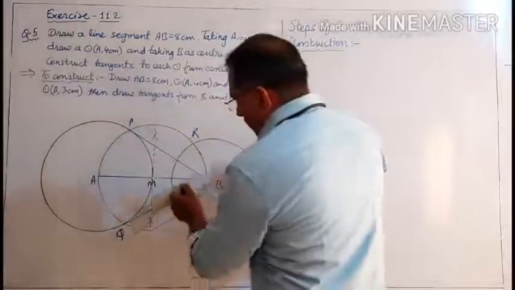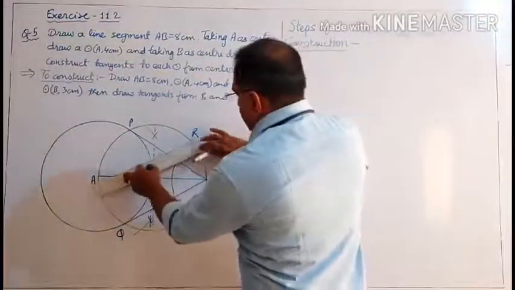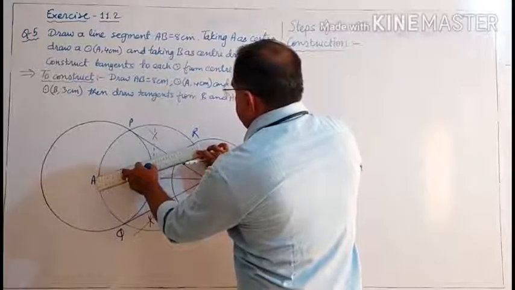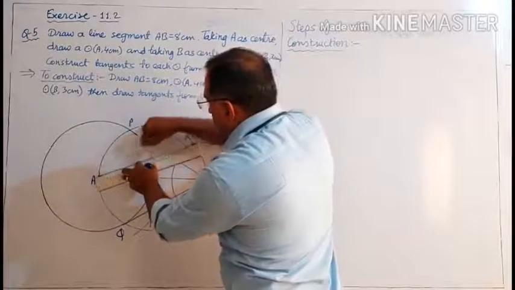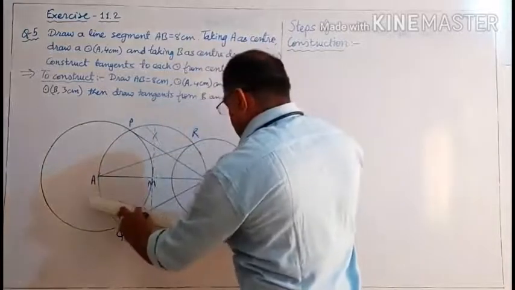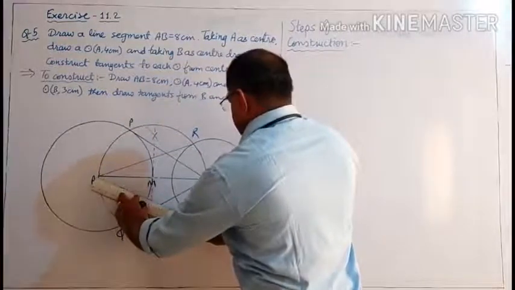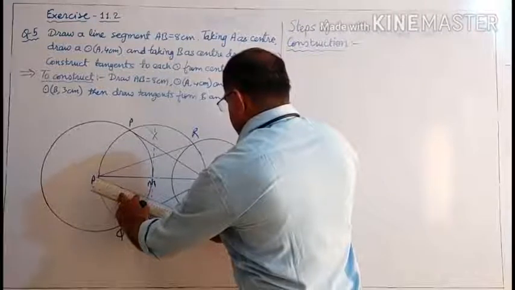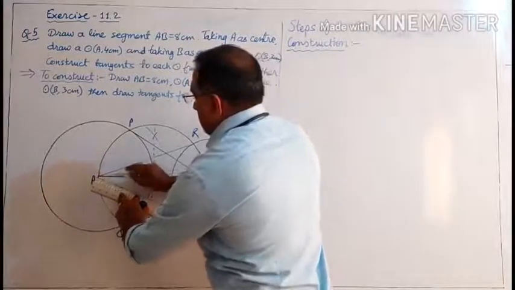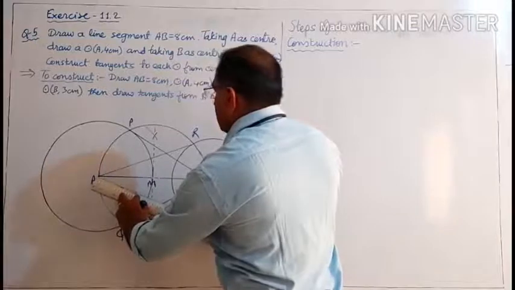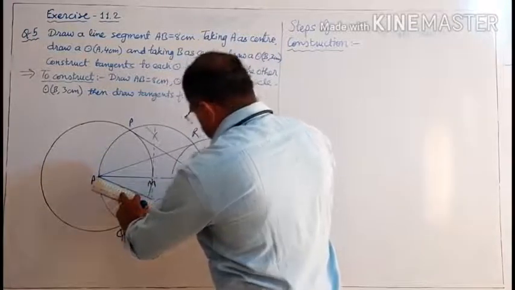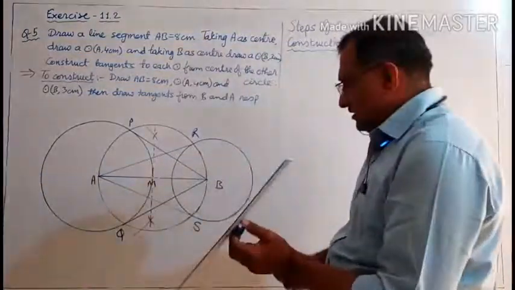Same way we can draw AR and AS. So they are the tangents from point A to the circle with center B. Thus we say two tangents are constructed to the circle with center A and two tangents are constructed to the circle with center B. So here are the required tangents.